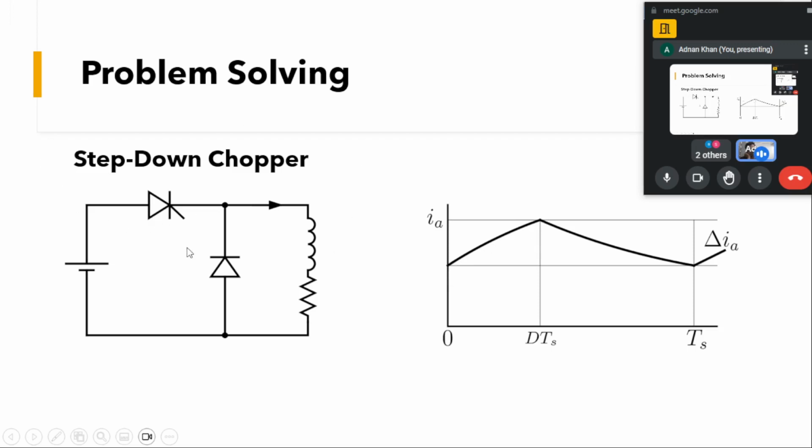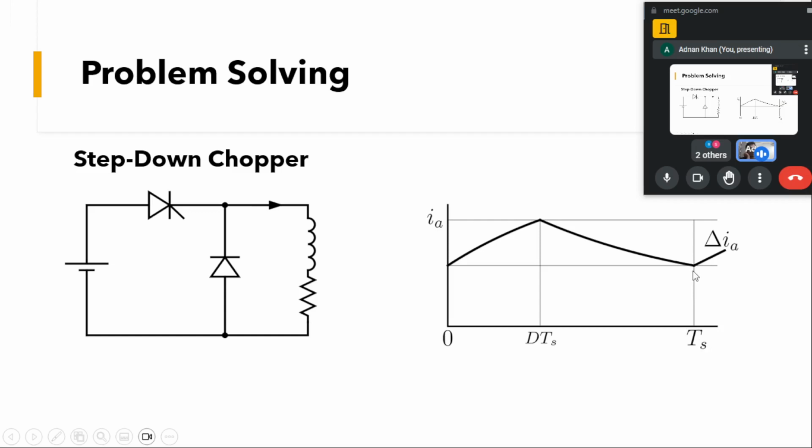So when this device is turned off at the dTs interval, there is no voltage across this, then this current will start to flow freely through this diode, and this inductor will dissipate this energy through this resistance, and the value of this IL will start to decrease up till Ts.